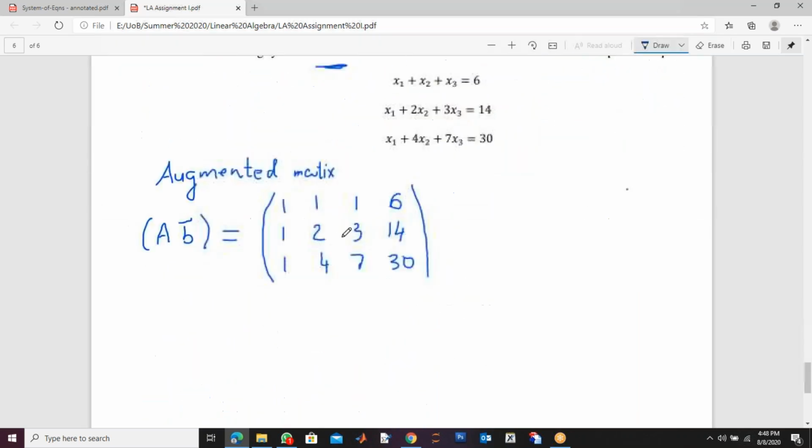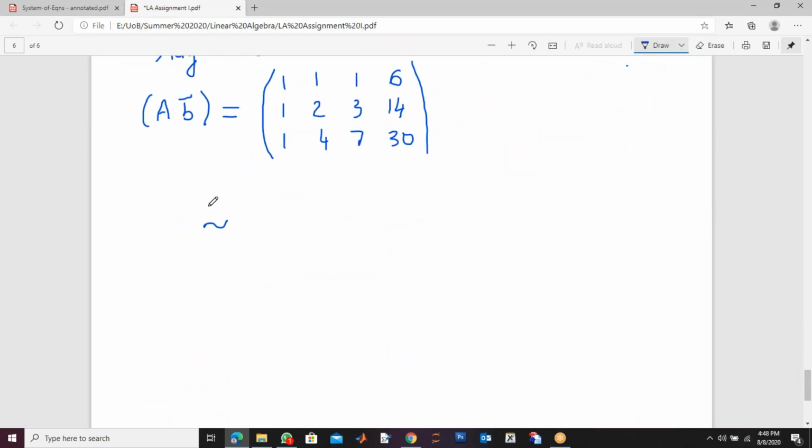Now what are the row operations? Row equivalent, we sometimes write with an equivalent sign. This is row equivalent, we are not saying these are equal. So using this one, I will make these two 0 because this is the pivot position. The first row will be as it is, 1, 1, 1, 6, and I will use R2 minus R1.